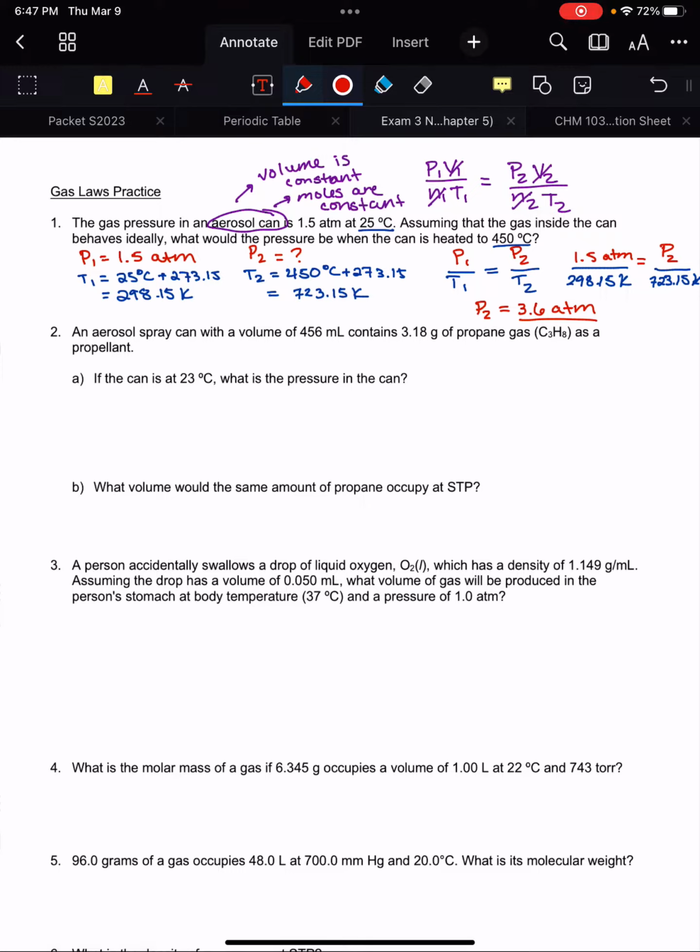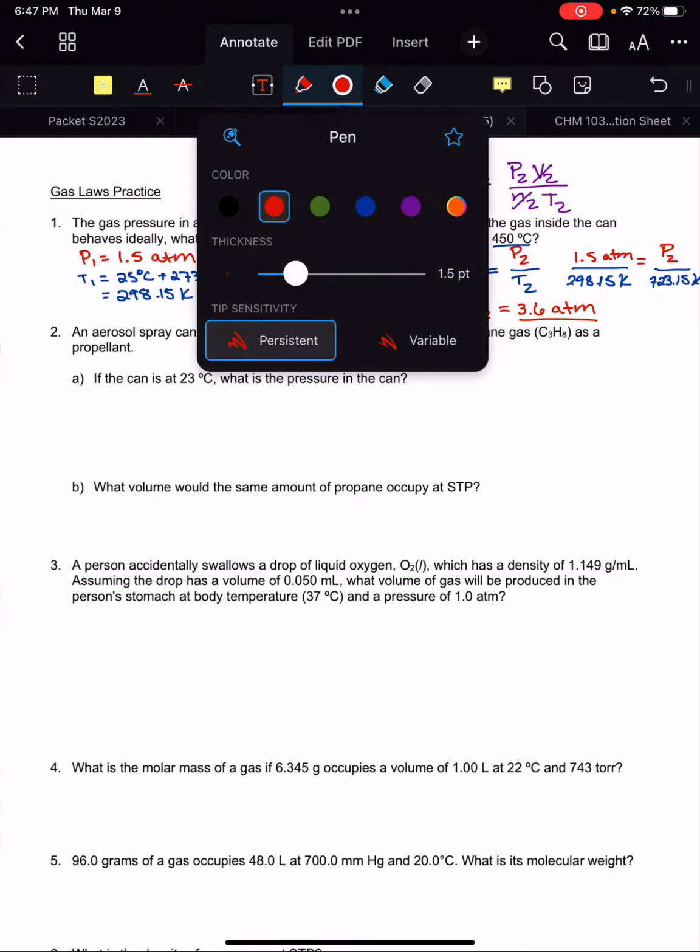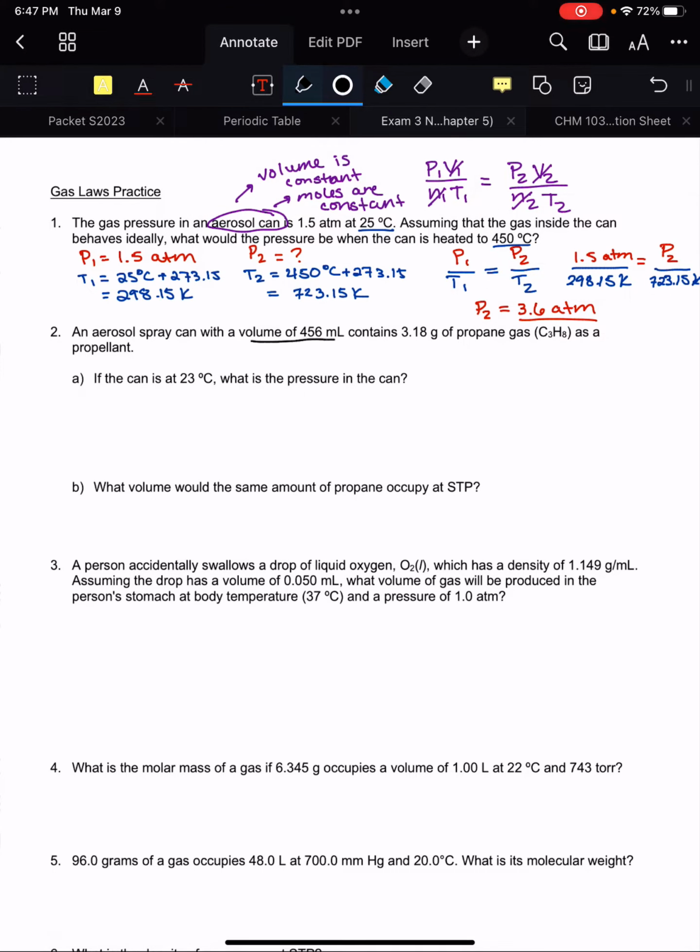So we have an aerosol spray can with a volume that's given, so we'll underline our volume. Then we have the 3.18 grams of propane gas. If we're given the grams, that means we're going to have to figure out how many moles this is. We can solve for the moles if we know how many grams we have and we know the molar mass of the propane.